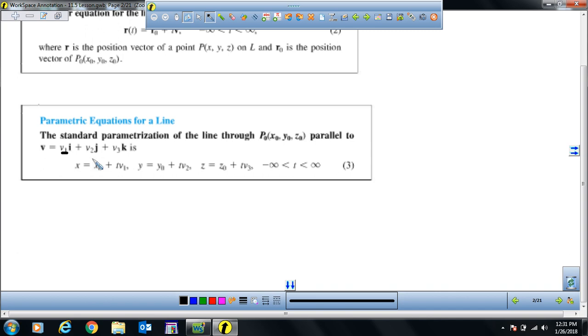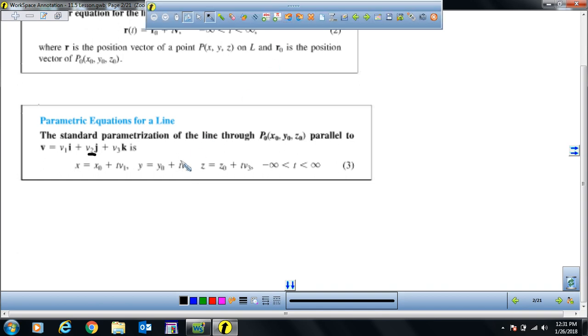That tells us that as we increase the parameter t, if we start with t equals 0, that gives us the starting position of the vector, which is x of 0. Likewise, the parametric equation for the y value is y equals the initial value of y plus the y component of the vector times some parameter t.